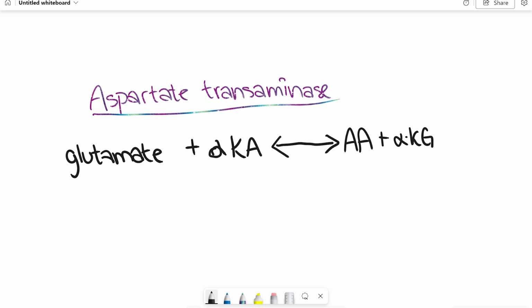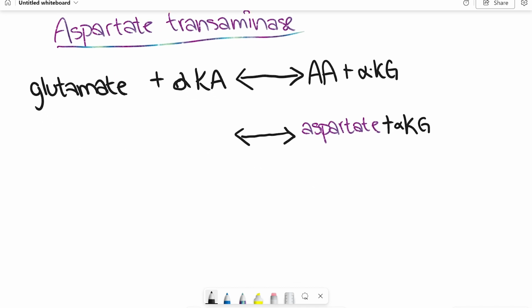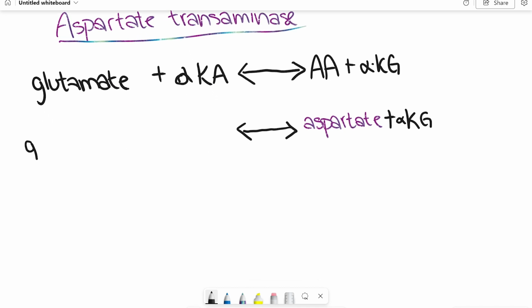In this case, the specific amino acid that we're making is aspartate. So the question is, if we're trying to make aspartate, and I know what aspartate structure looks like, what alpha keto acid would I have to insert in order to be able to make aspartate on the other side? You could do this 2 ways. You could either memorize the equation or you could actually figure it out.